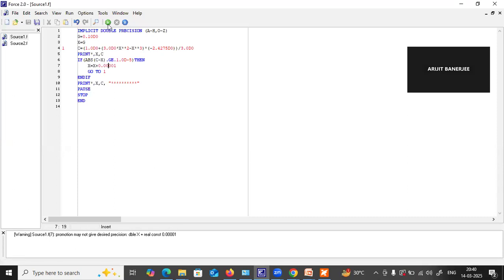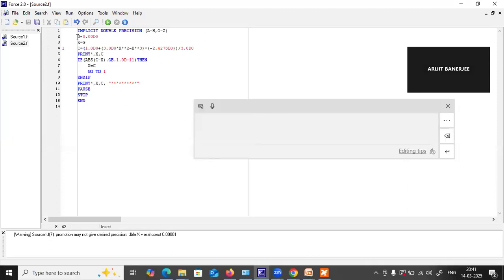Okay. Another code that you can use is this one, where I have guessed some value. Next, as usual, I have taken x is equal to the guess and then calculated the value of c based on the guess, then printed it to see whether they are same or not. Next, I'm checking whether the absolute value of c minus x is greater than some limit.